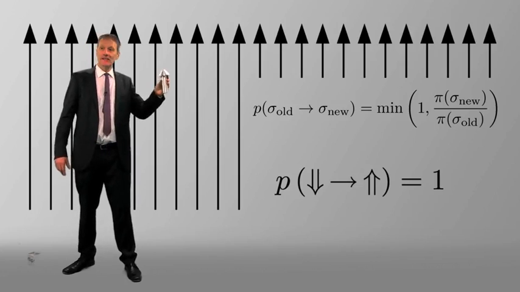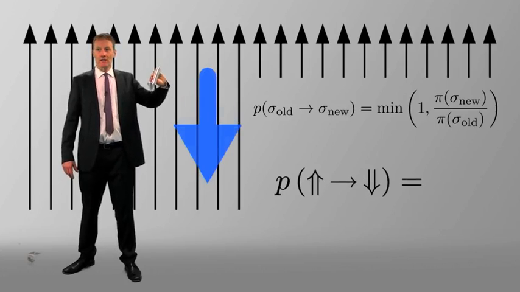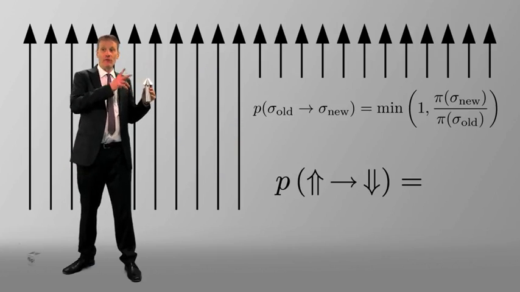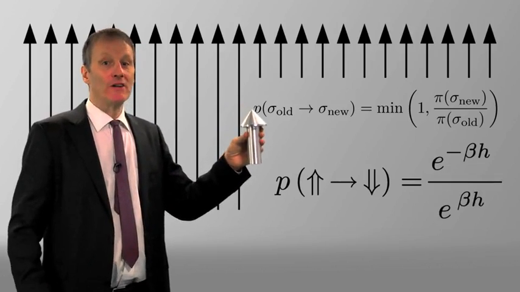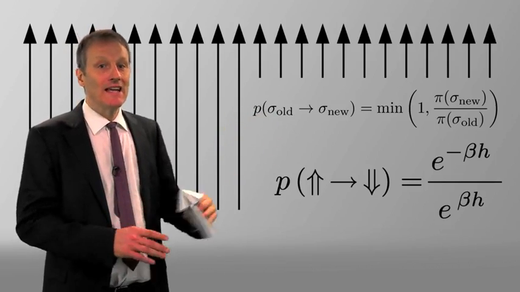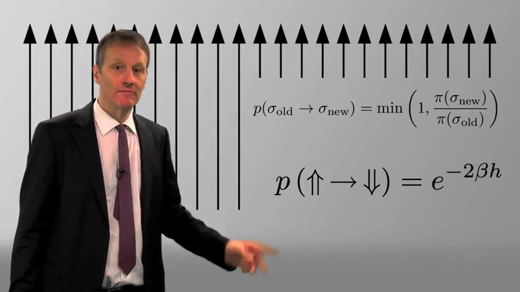And the probability to flip from +1 to -1 is the minimum of 1, pi new divided by pi old, which is exponential of minus beta h divided by exponential of beta h, which is exponential of minus 2 beta h.